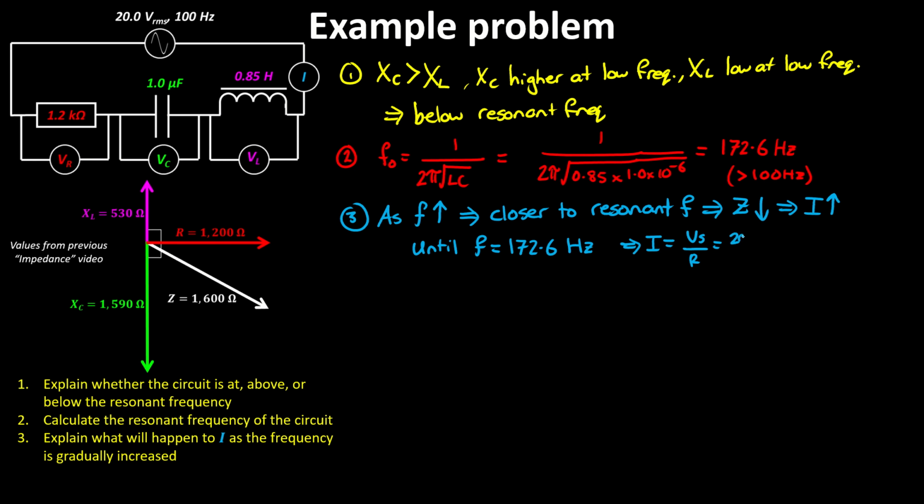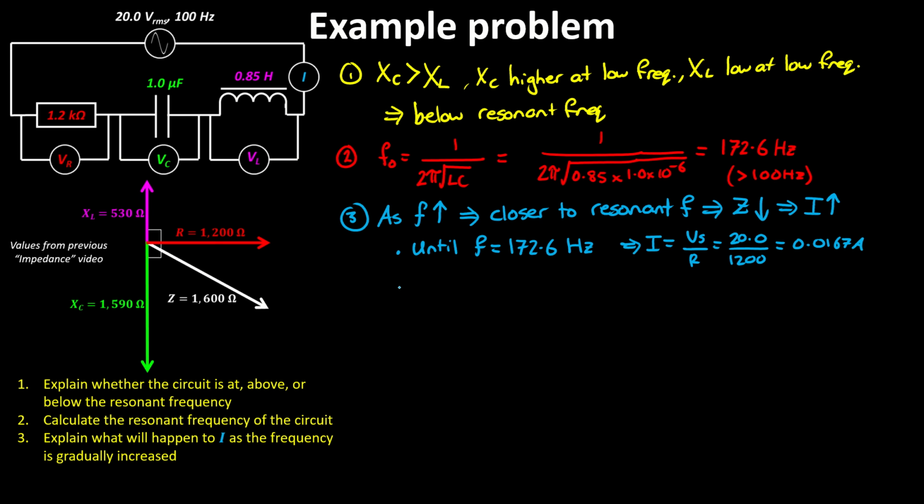So it's 20 volts divided by 1,200 ohms, just the resistance, which gives us a current of 0.0167 amps. That would be the value of the current at that frequency, which is the maximum RMS current we could achieve in that circuit.